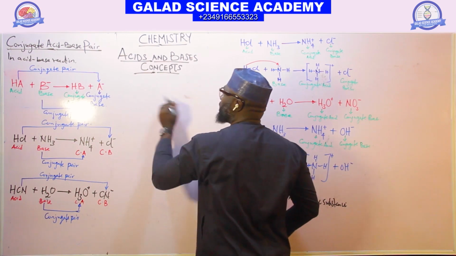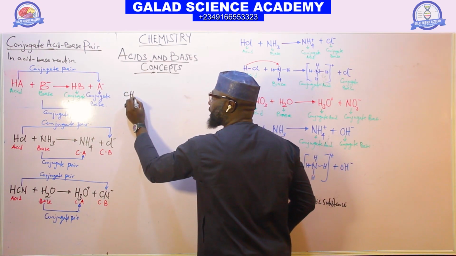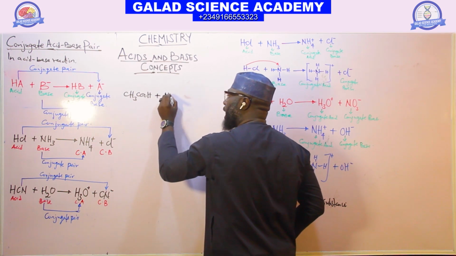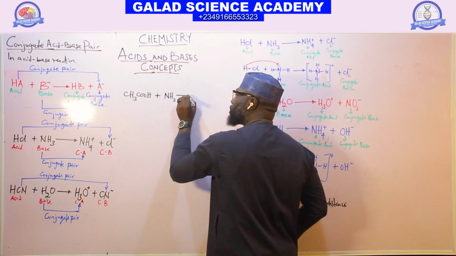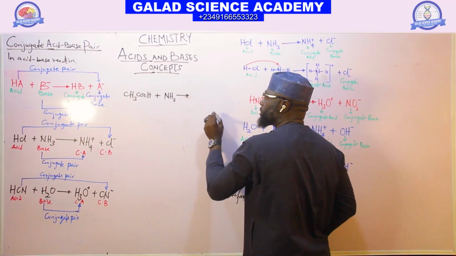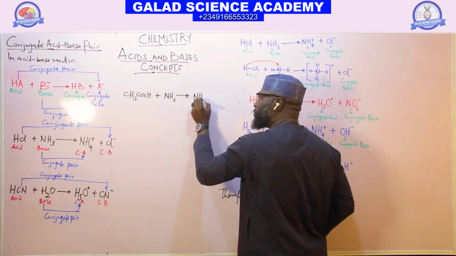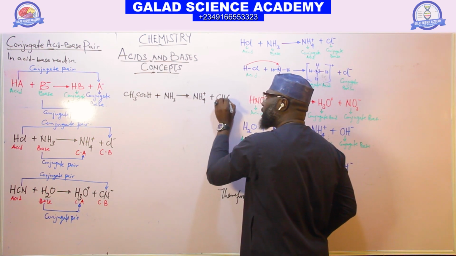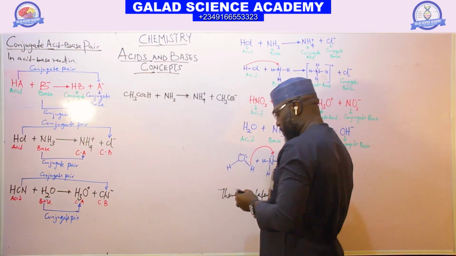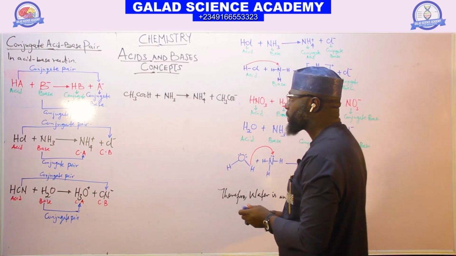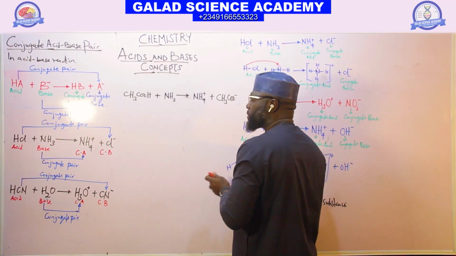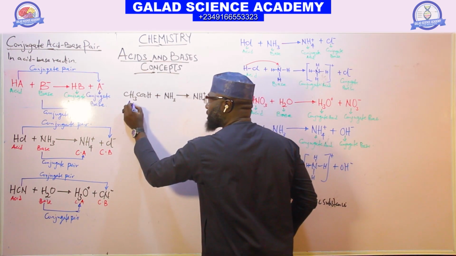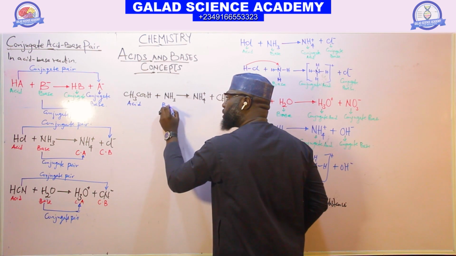So let us look at one more example. A reaction between CH3COOH plus NH3 gives us NH4 plus and CH3COO minus. We can see that this is the original acid and this one is the original base.